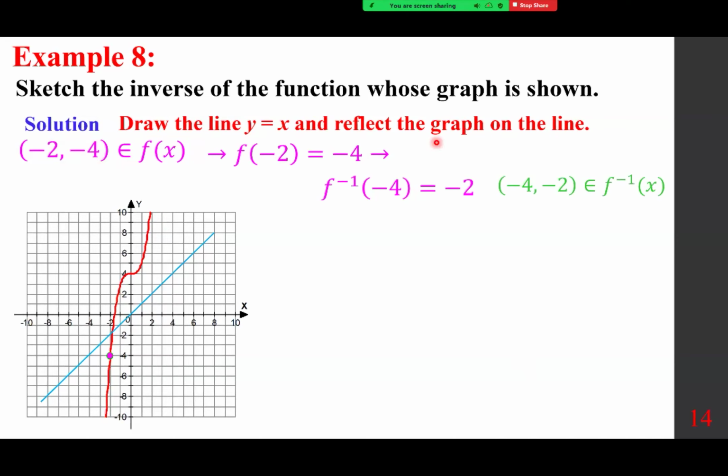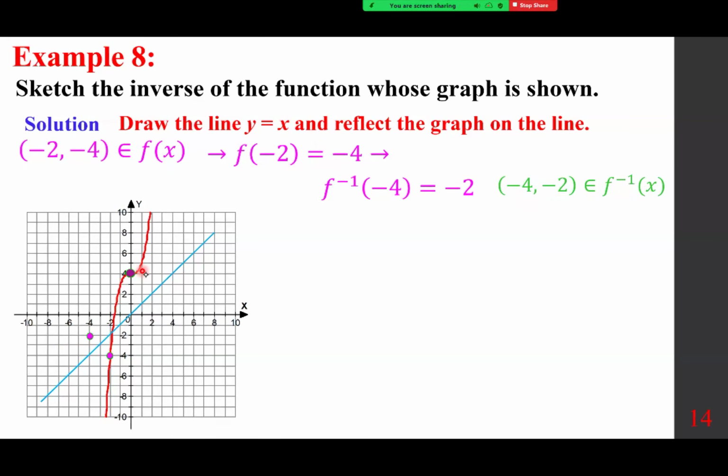Now, if you don't want to do that, you don't have to, but I'm just going over more details. So if this point belongs to f, then -4, -2 belongs to its inverse. So that's the point with coordinates -4, -2. Let's pick another easy point.